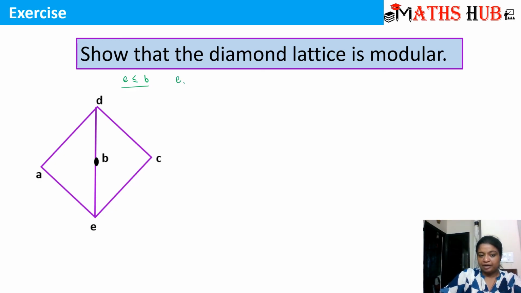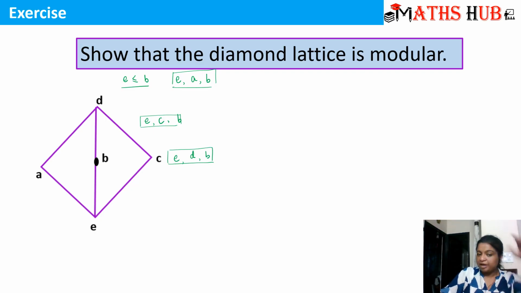I can take the pair E, A, B, I can take the pair E, C, B, and I can take the pair E, D, B, right?